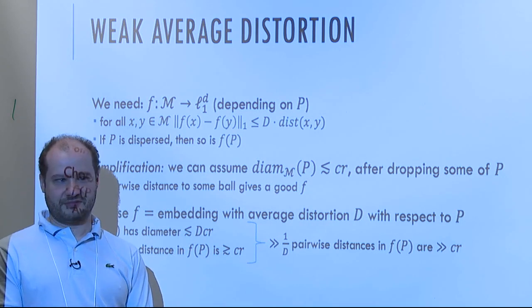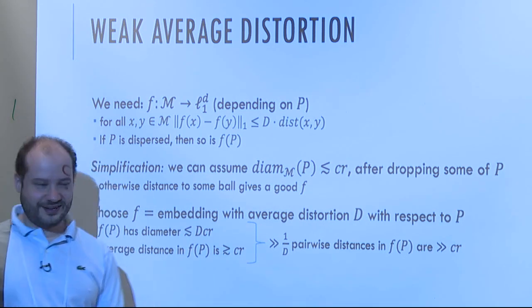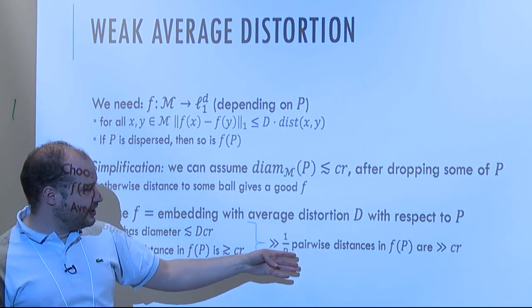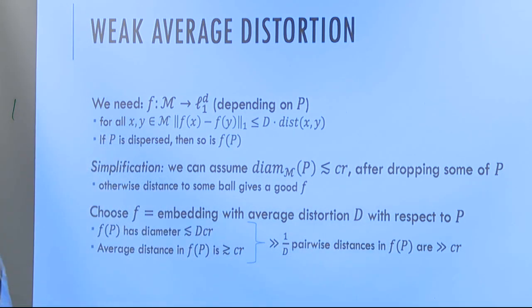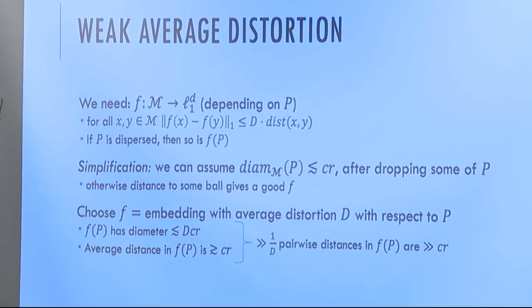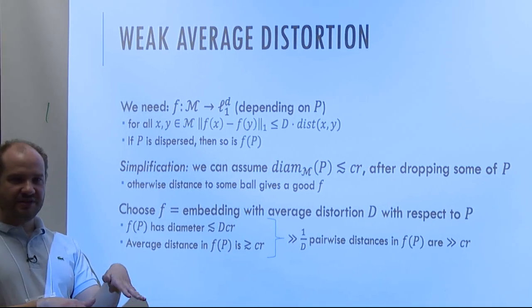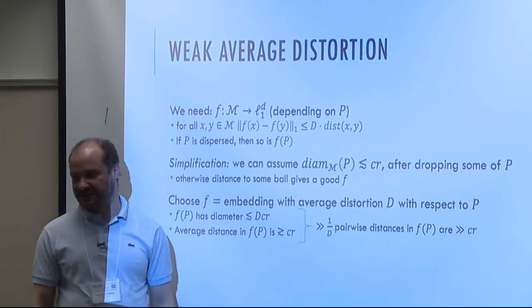This is a Markov type argument in a way. So what you can get is that a 1 over D fraction of the pairwise distances in F of P are at least on the order of CR, which is enough to show that your point set is dispersed. Basically, a lot of pairwise distances being large is effectively the same as no ball having too many points, up to some loss in parameters.